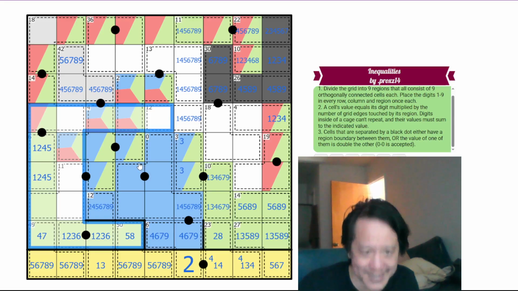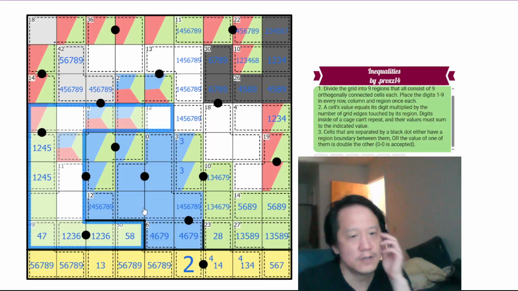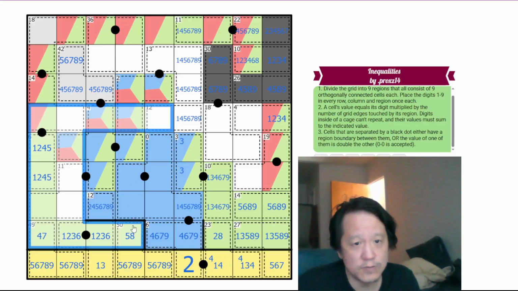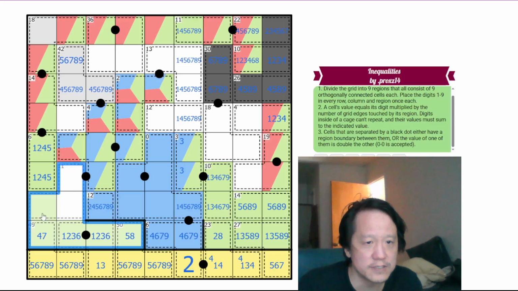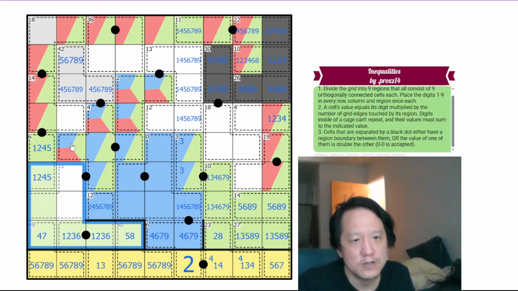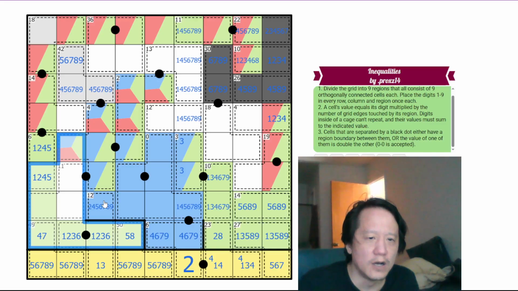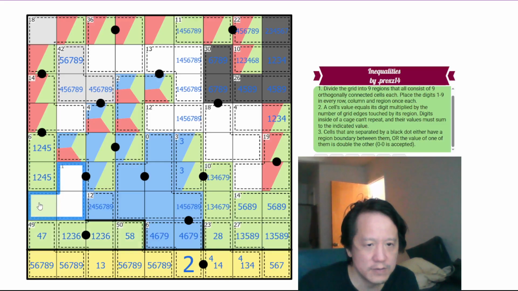That could potentially work. But what does that mean for this as a size? 1, 2, 3, 4, 5, 6, 7, 8, 9. This adds up to 11. And what does this add up to?